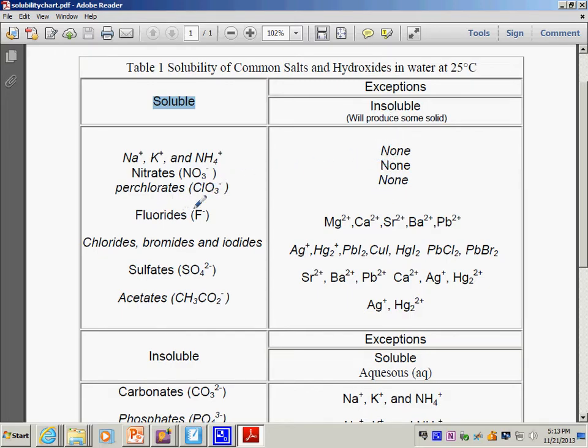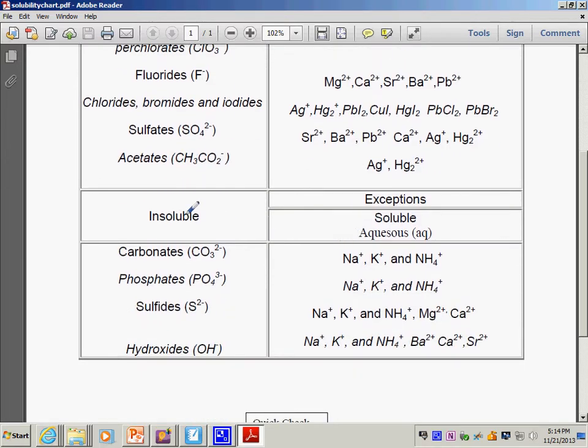But here, if fluoride is our anion, then it's always going to be soluble unless this is one of the cations. So magnesium fluoride is insoluble, calcium fluoride, strontium fluoride, barium fluoride, and lead fluoride. These ones are always soluble. These are the exceptions. At the bottom, these are the ones that are always insoluble, and these are the exceptions.